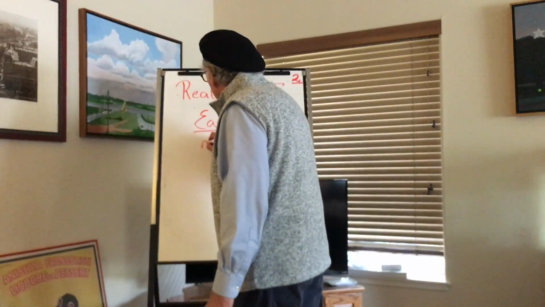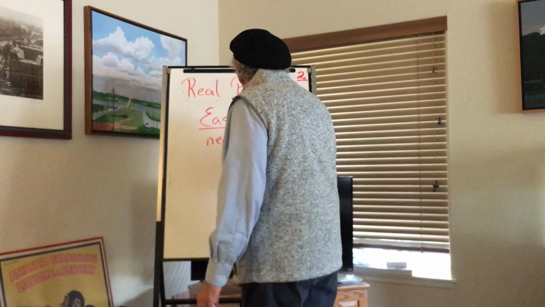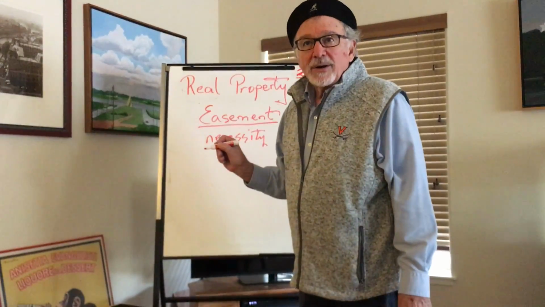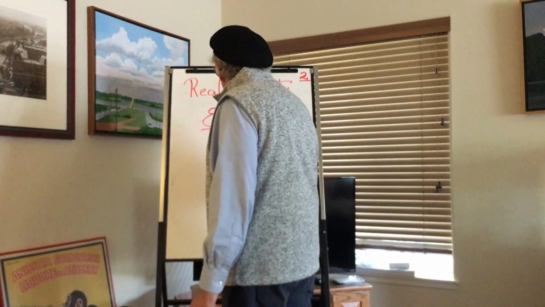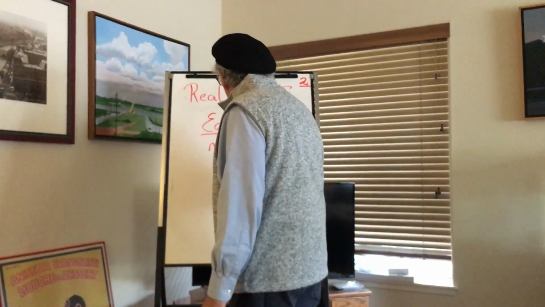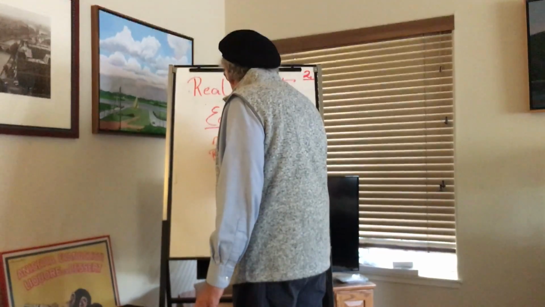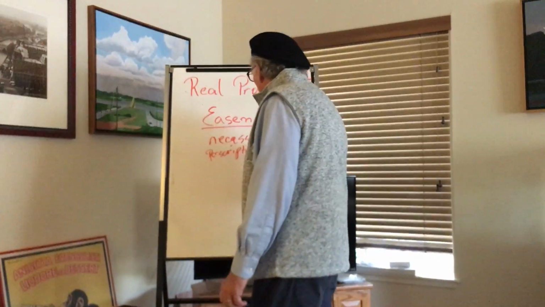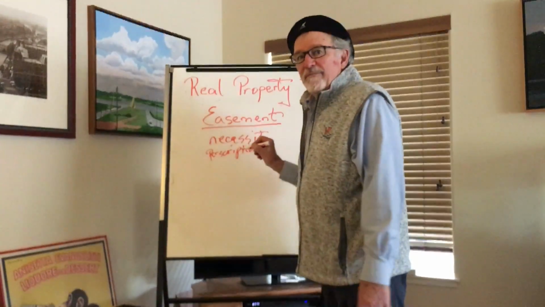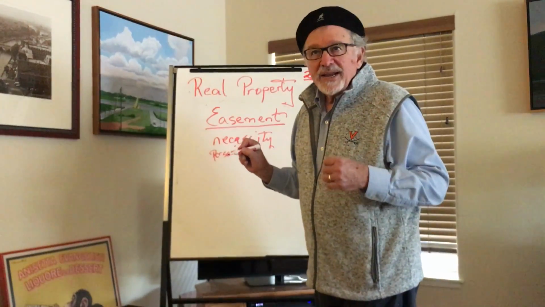And there are several kinds of easements. There's an easement by necessity, which means that you have to have that easement or your land will be landlocked and you can't get into it. Another kind of easement is a prescriptive easement, which means that you've been using it for so long that you have a right to continue using it.